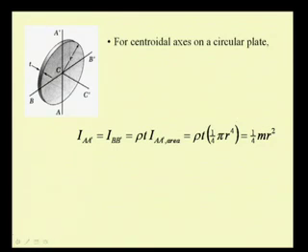Mass is nothing but rho times the volume. Volume is this pi r square times T, the volume of this disc, and so from this we get this expression, that is 1 by 4 m r square. And the polar moment of inertia with respect to the perpendicular axis, that is C prime, is nothing but the sum of these two quantities, which becomes half m r square.